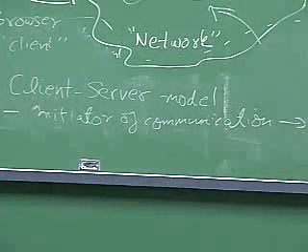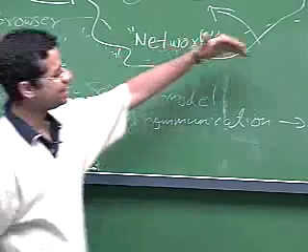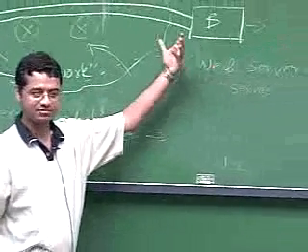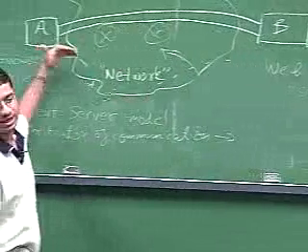So who initiates the conversation in the client-server model? It's always the client. So a server typically sits listening for requests to come in. The request will arrive from a client.